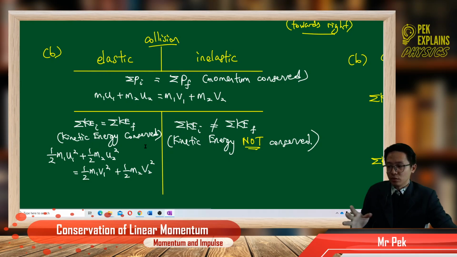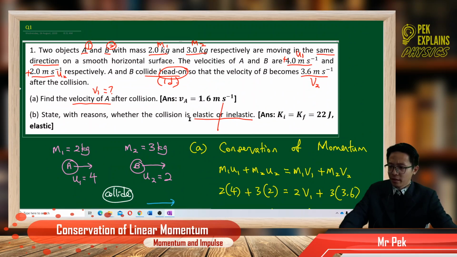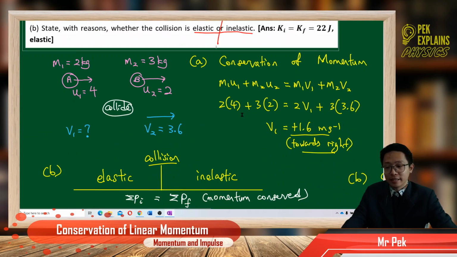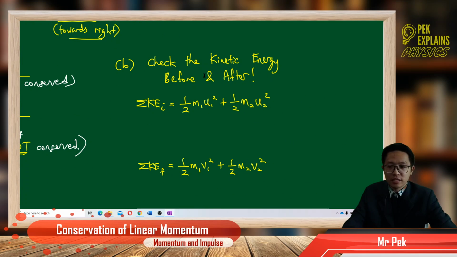So how to do question B? How to identify whether elastic or inelastic? We just check the kinetic energy before and after. We calculate the total kinetic energy before and the total kinetic energy after, and compare.